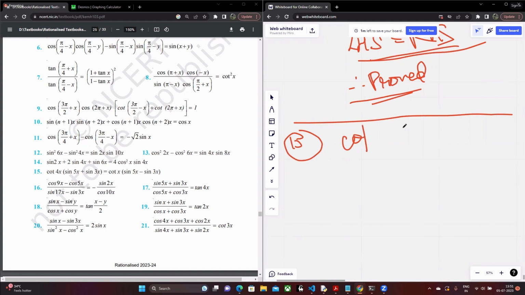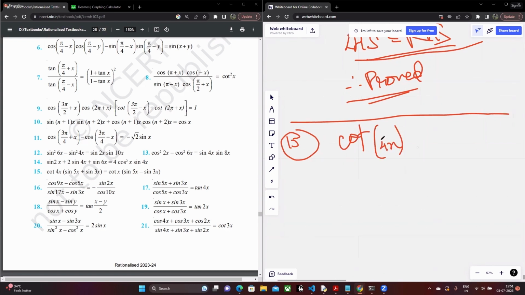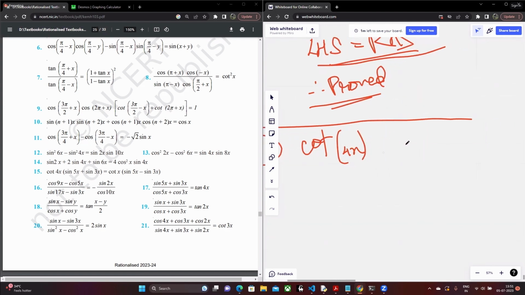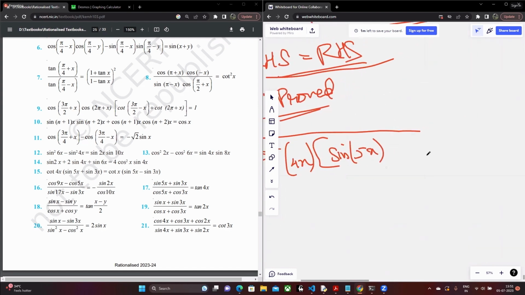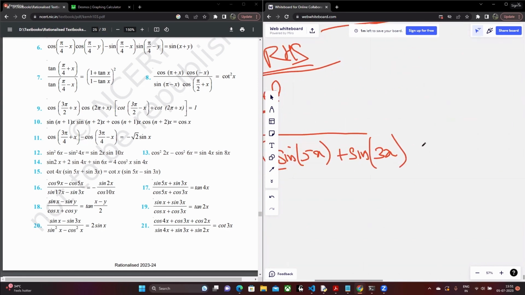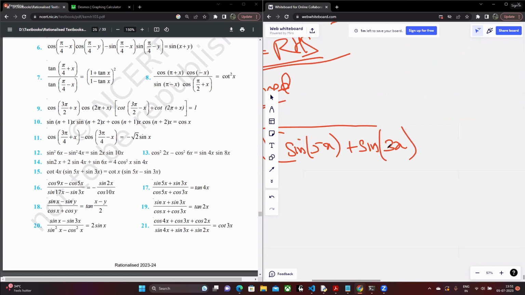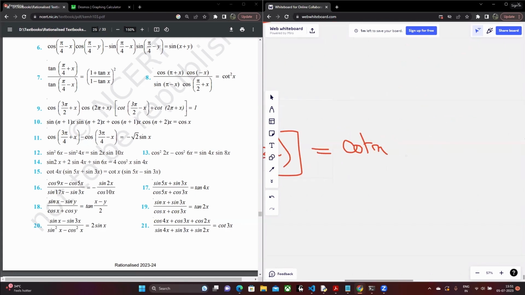This is cot 4x into sine of 5x plus sin 3x. Right. This has to be equal to cot x times sine of 5x minus sine of 3x.